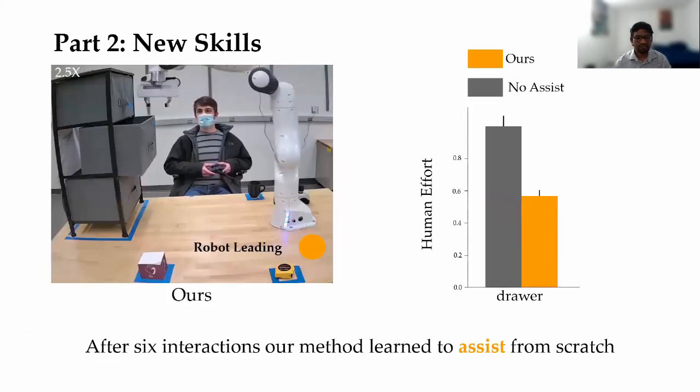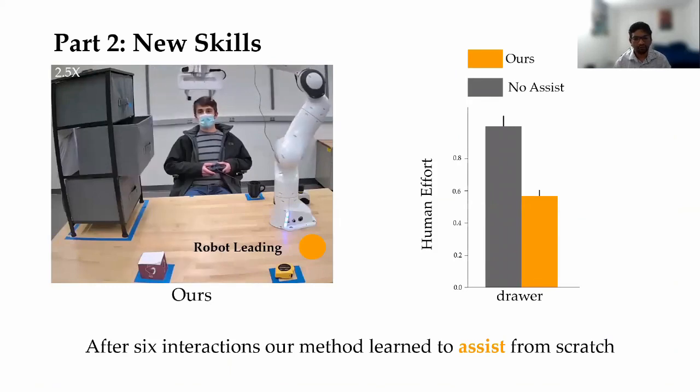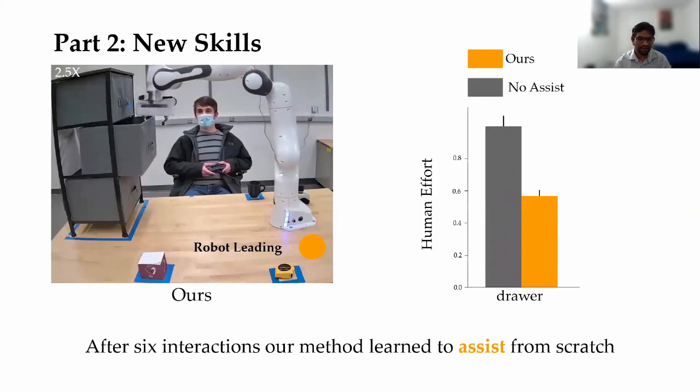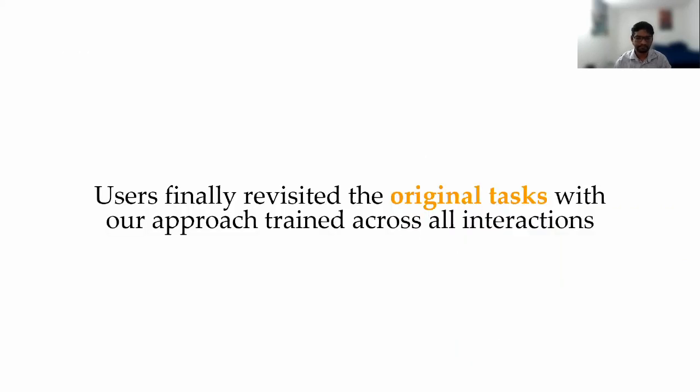On the left, you can see how the robot assists after learning this new skill. And on the right, you can see how the human effort has reduced after the robot learned to assist the human. This shows that our method can learn to assist on new skills from scratch and can reduce the effort required by the human to complete these new skills.